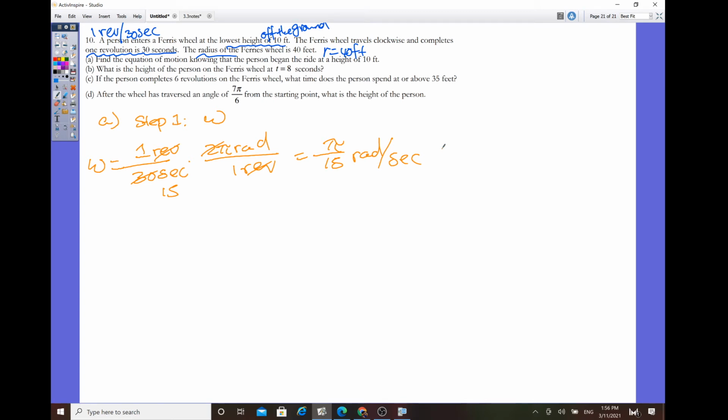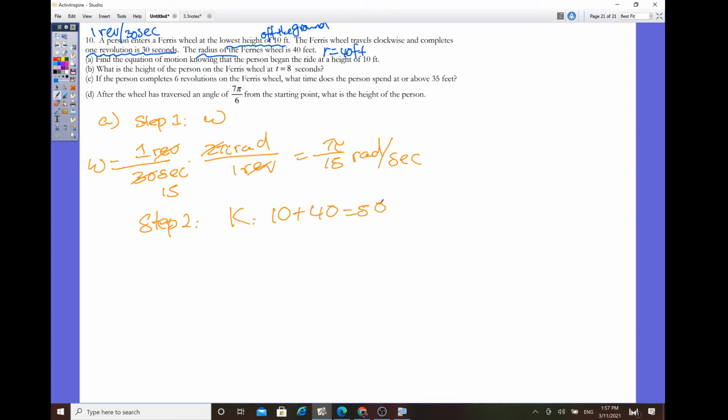And now angular velocity. Once we find the angular velocity, just plug in that. Let's find out k. So k is from the center all the way to the ground, the distance from the center of the Ferris wheel to the ground. So we do know that the lowest height is 10 feet, the Ferris wheel is 10 feet off the ground at the lowest point. So this one is 10 plus the radius, which is 40 feet.